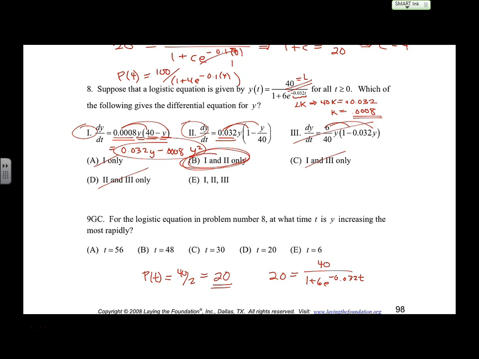So L over 2 is the amount the population will be when it's increasing exactly... Does that make sense?